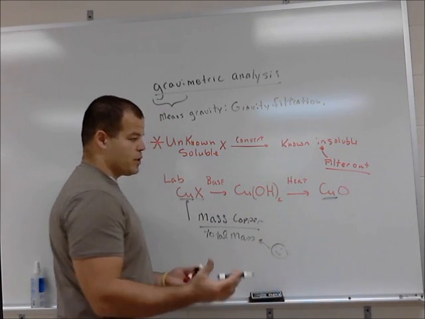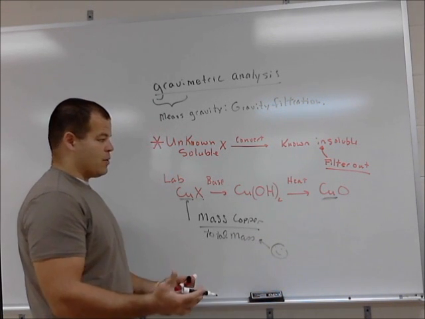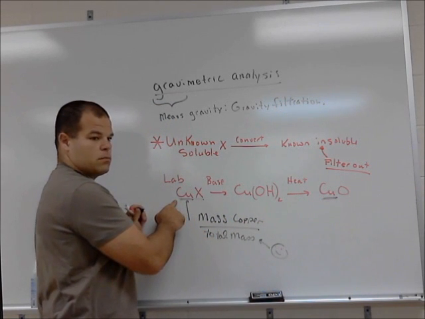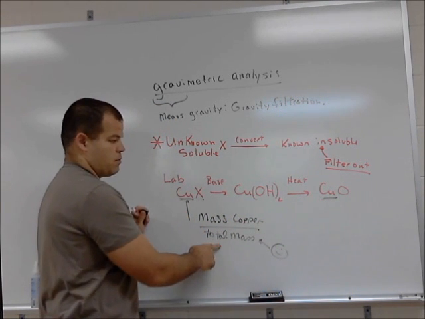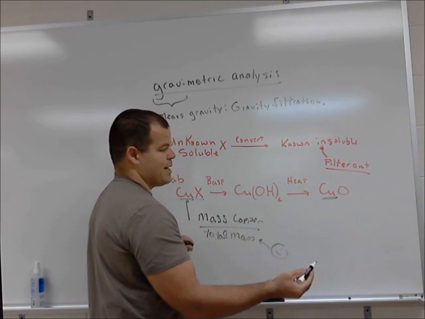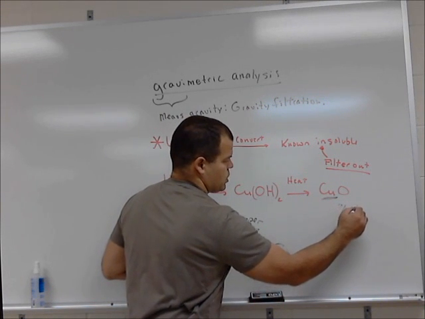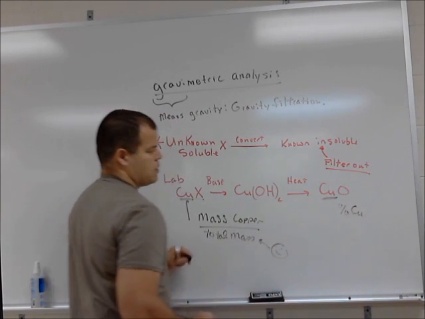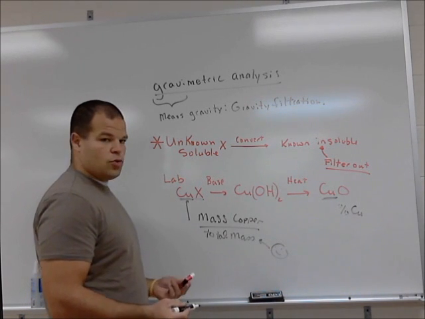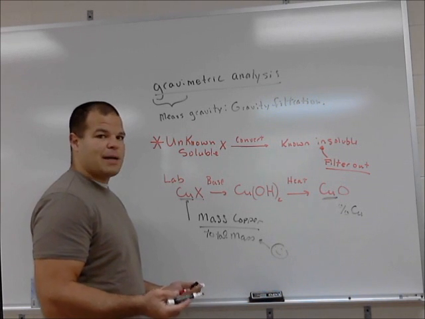Okay. So what we'll do is we'll use percent compositions to figure out how much copper is in here, and then therefore how much copper is in the unknown. So we say, okay, for the copper oxide, what percentage mass copper is in copper oxide? And you can use your molar masses in your periodic table to calculate it, but it's around 79%.